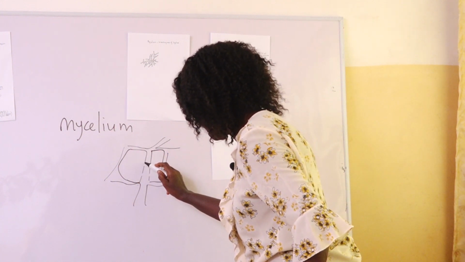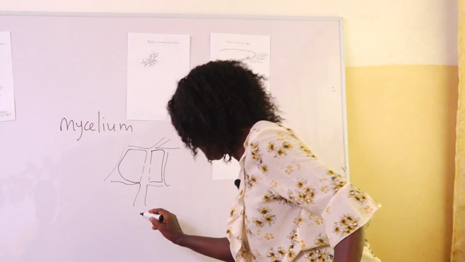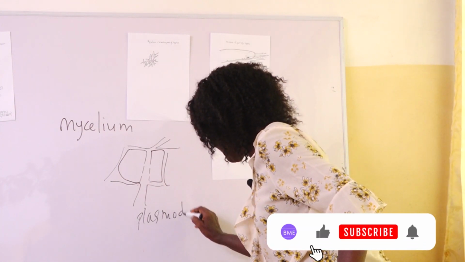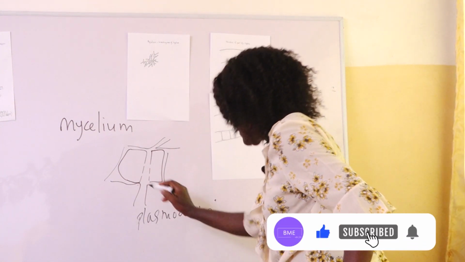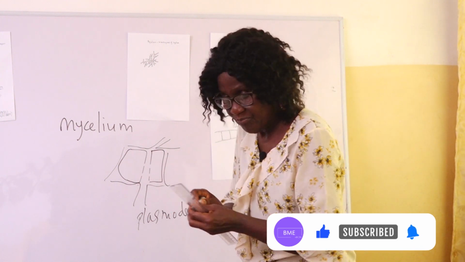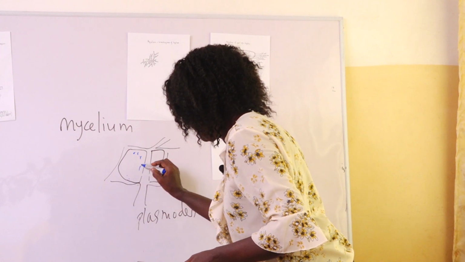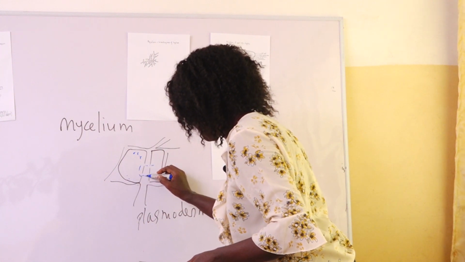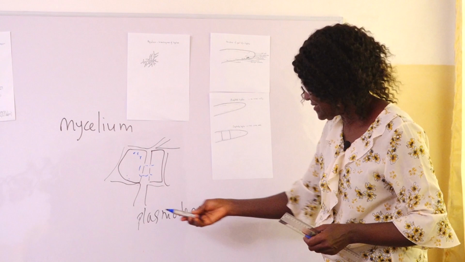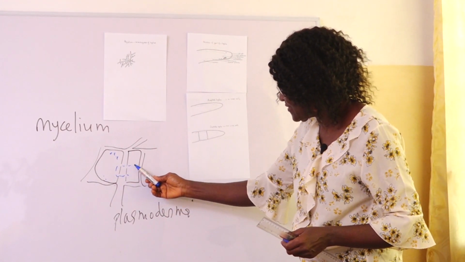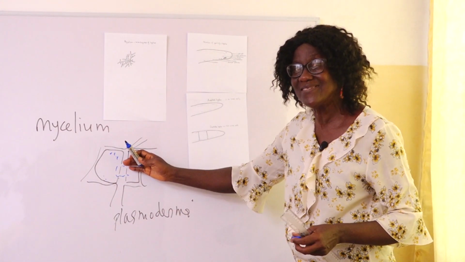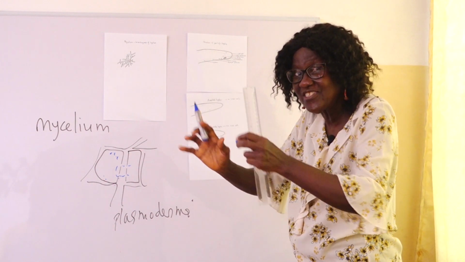The gap is called plasmodesma. This is about plants, and in this gap, the cytoplasm in the cells has small cytoplasmic strands from one cell to another. That's the gap. The cytoplasm strands flow through.